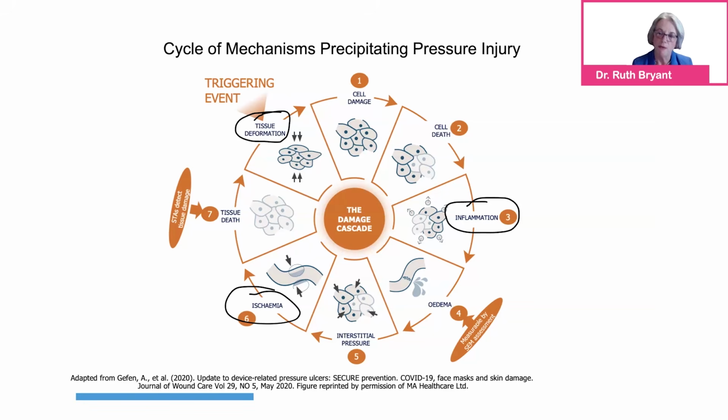And what we've discovered is the actual danger is the tissue deformation that occurs. That's the triggering effect, because those tissues, the cells become distorted, they rupture, they develop death, and as we've already heard, they release toxic cellular contents into the extracellular space, causing inflammation.